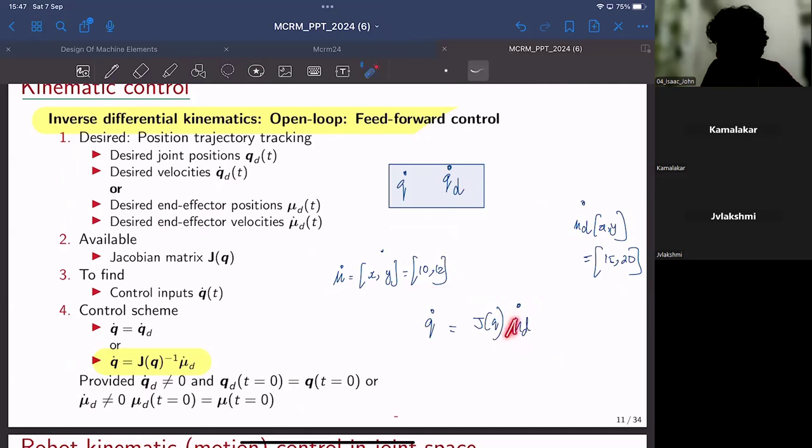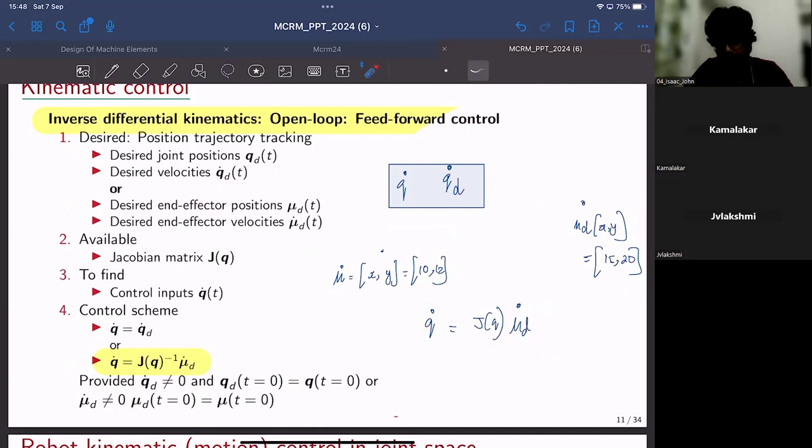So if mu desired is supplied, this q dot is what we should be supplying onto the robot so that the robot will be able to track the trajectory. And this will only track the trajectory. It will follow the desired trajectory. It will have the desired velocity, but it will not have the desired position.